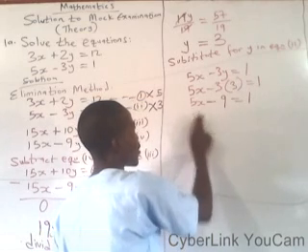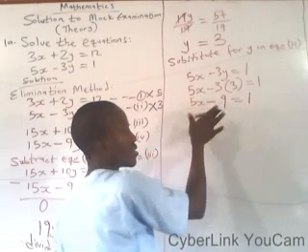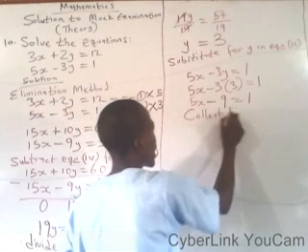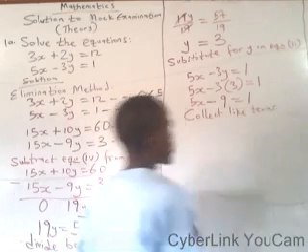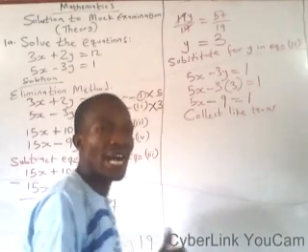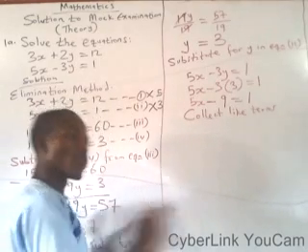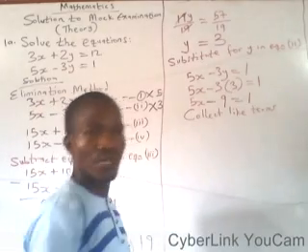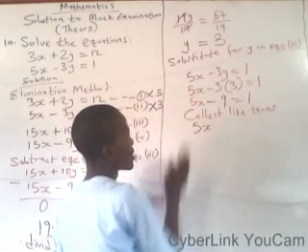5x. Now in this case, before I write this one, there is a step that is common. That is collect like terms. Collect like terms in the sense that in the expression, the ones that have alphabets will be on one side, while the ones without alphabets will be on the other side of the equality sign. In that case, we have 5x on this side.